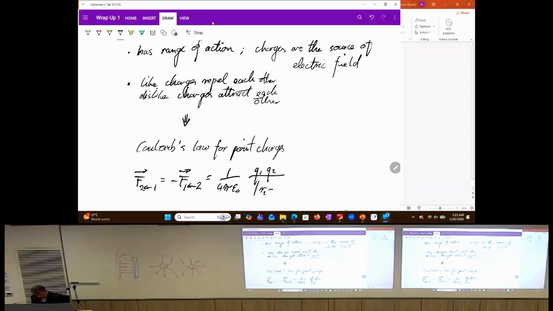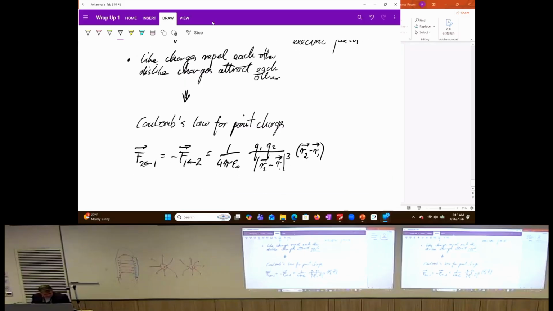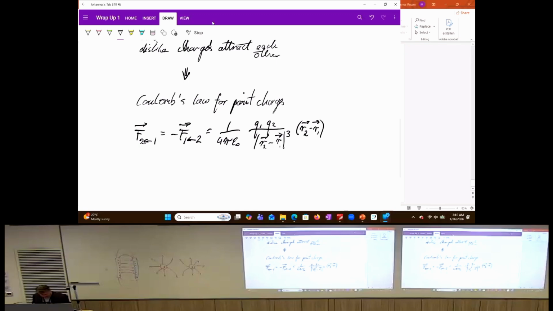We write that here as 1 over the absolute value cubed, and here r2 minus r1. The last term gives us the direction, and the decay is given in the denominator. And that is for a single charge.